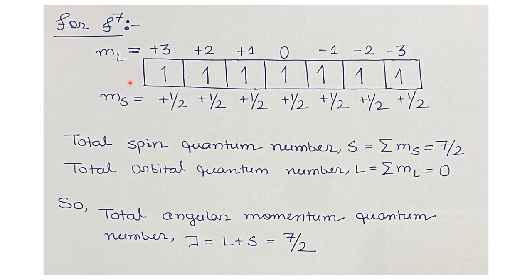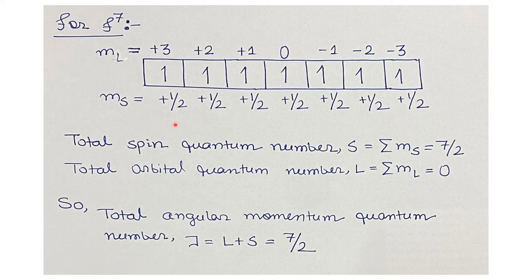As you can see from this configuration of the f orbital, ml equals plus 3 will contain one up-spin electron, and correspondingly all the other electronic states will contain a single electron with up spin.